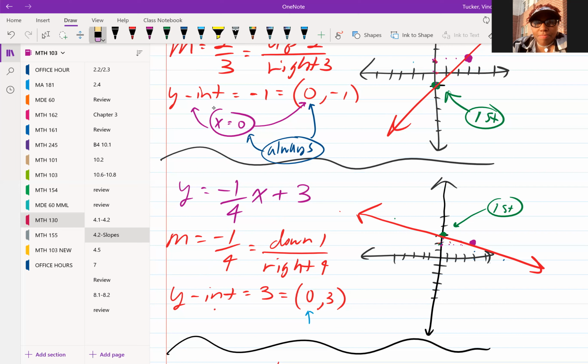So that'll go down 1, to the right 4. So you graph that point first, which is 0, 3, you go up 3 on your y-axis, and then down 1, right 4 from that point. And that'll put us right here.